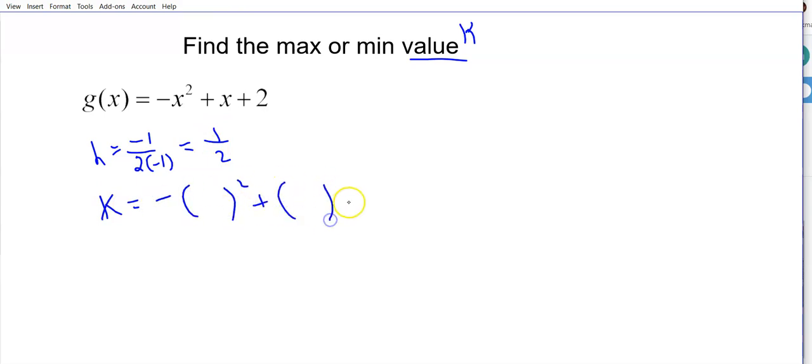K, I'm just going to plug that in. Everywhere there's an x, this might take a little bit of work. I'm going to plug in a 1/2. So 1/2, 1/2. And so I get 1/2 squared. 1/2 times 1/2 is 1/4. So this is -1/4 plus 1/2 plus 2.